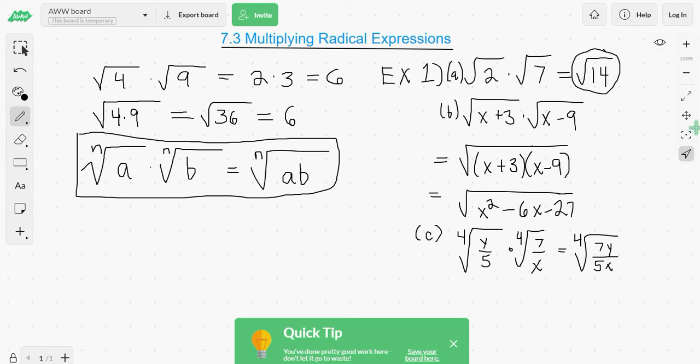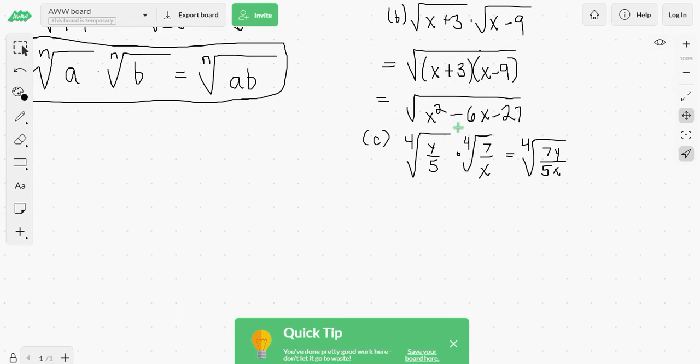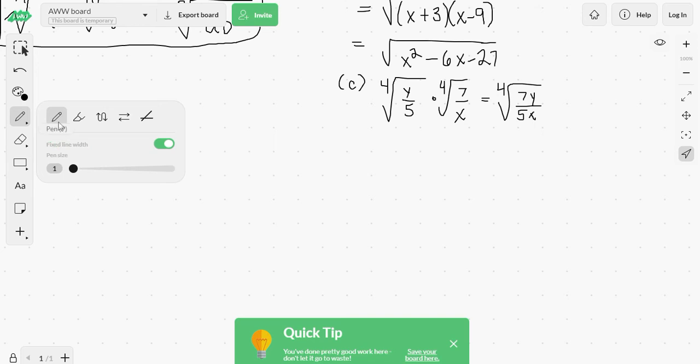So now what we'll look at is how to simplify some radical expressions. Let's pan down. Suppose that we want to simplify the following radical expression, the square root of 20.